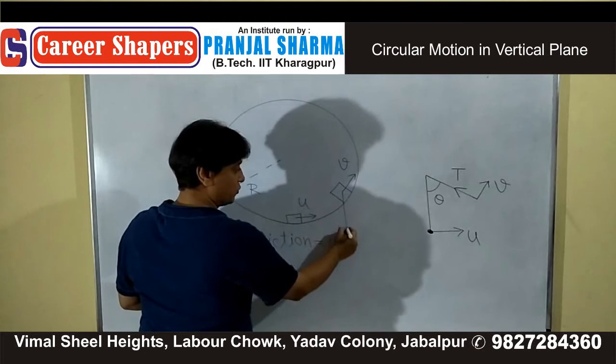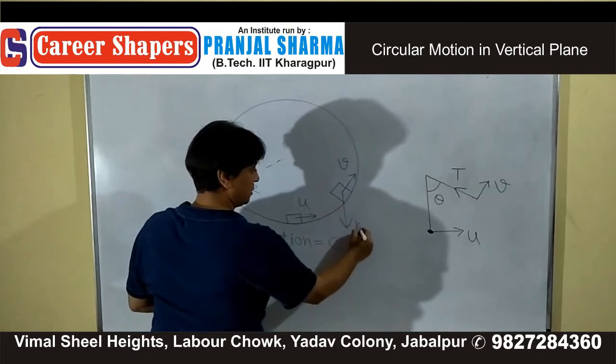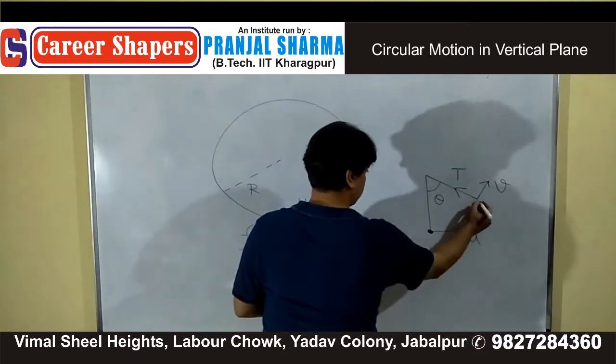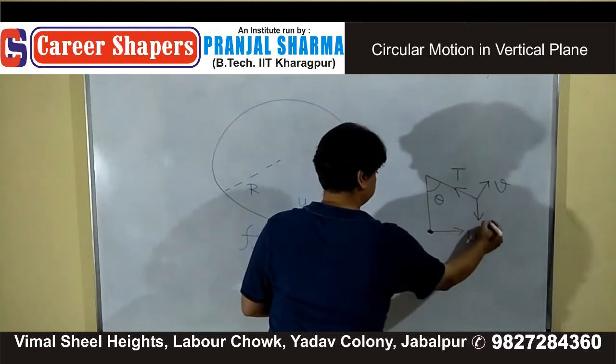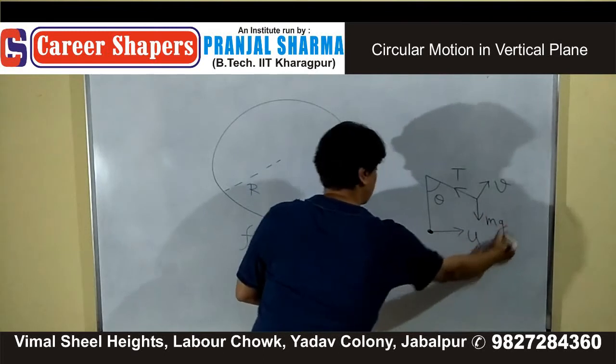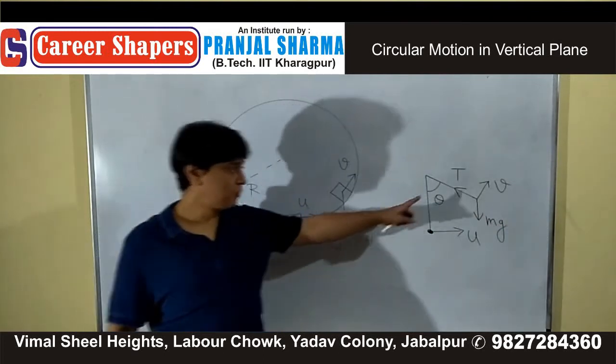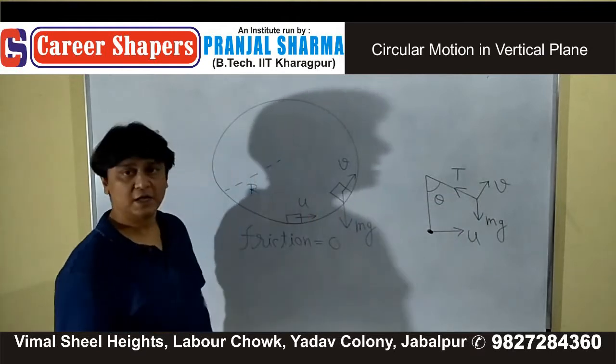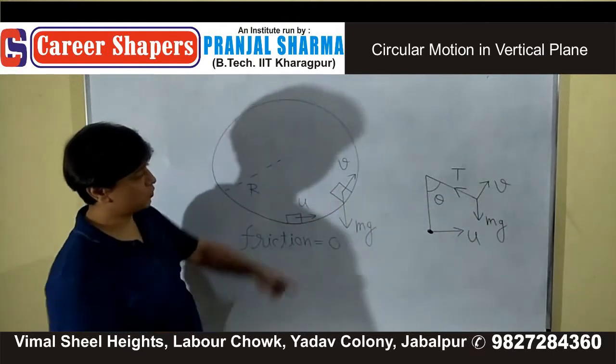There is a downward force of mg which is also present in this case. Now the role of tension force in this situation is played by the normal reaction force.